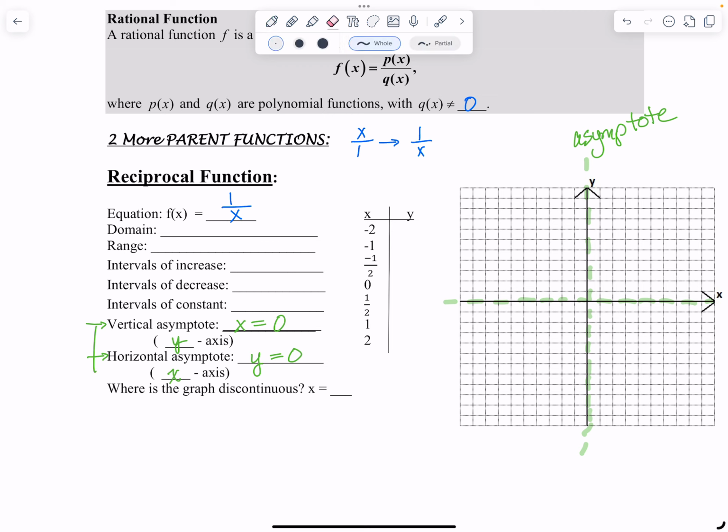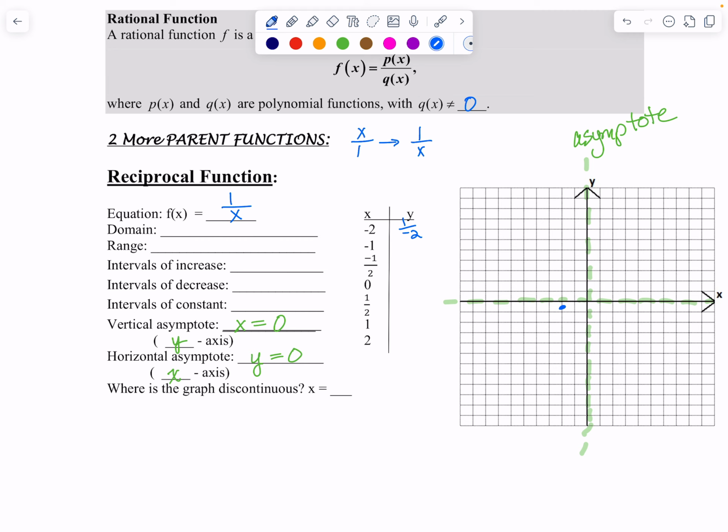All right. Now we're just going to plug in some points and see what we get. If I have -2, if I put that on the bottom, that's going to be 1 over -2. Another way you could think of it is the reciprocal. You're just going to flip. So the point is -2 and -1/2.